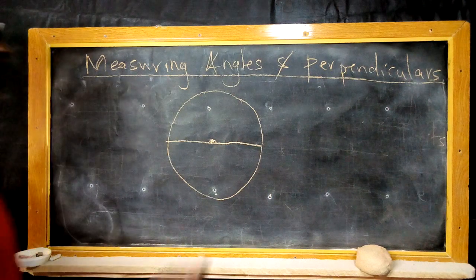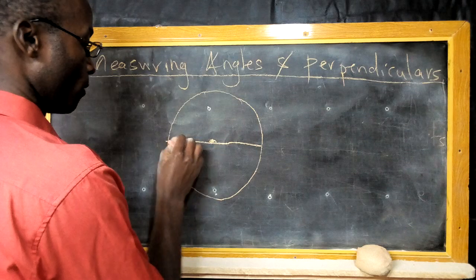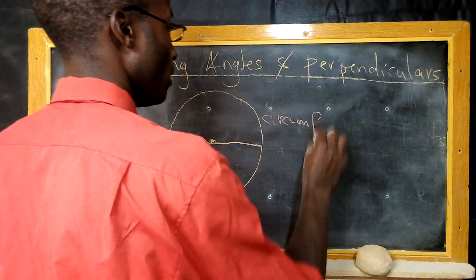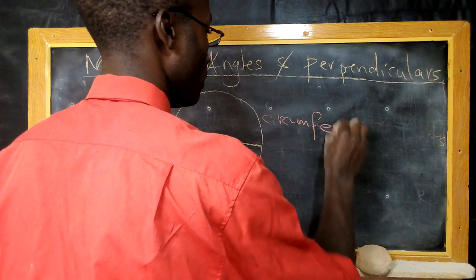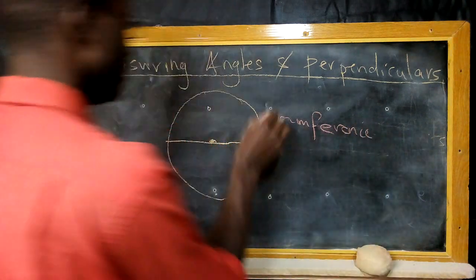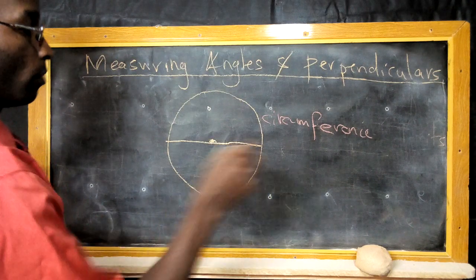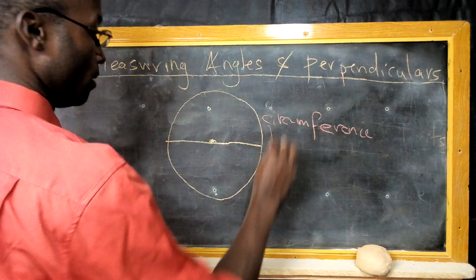Now this measurement will be taken from a line. Of course, we said this is a circumference. The line that is continuous around a circle, the length of that line, is known as the circumference. This is this length, of course.